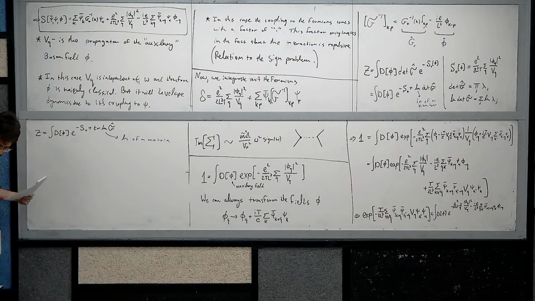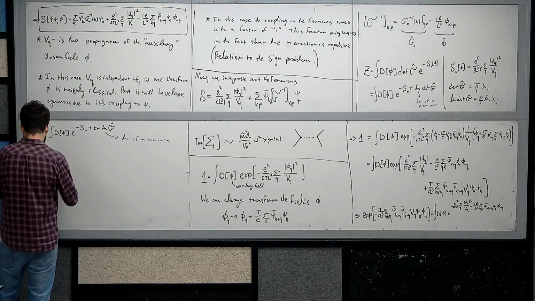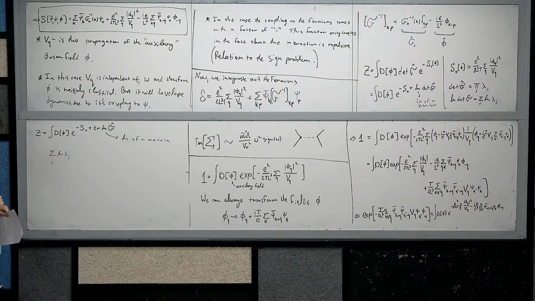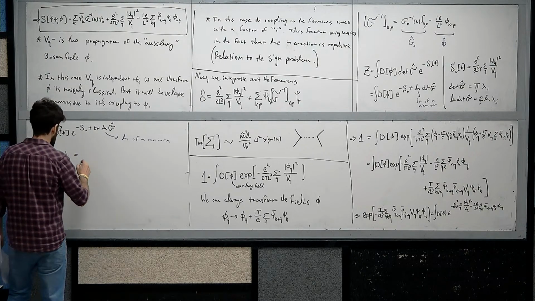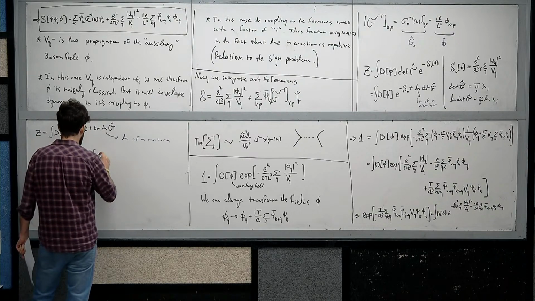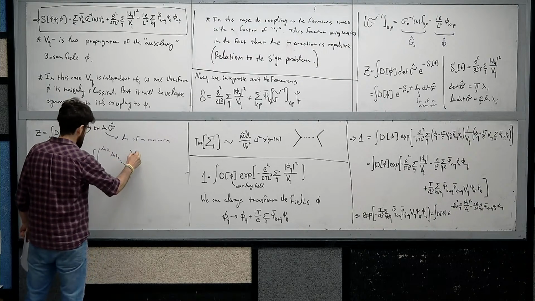The reason it works is because this sum over J of ln lambda J is basically equivalent to a trace over a matrix. Imagine that we have a matrix with ln lambda 1, ln lambda 2, and so on.